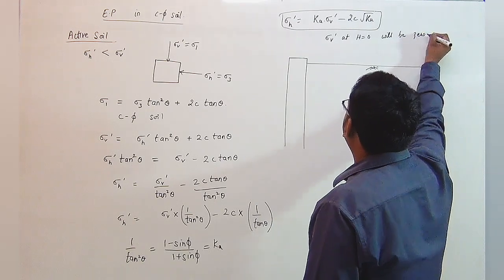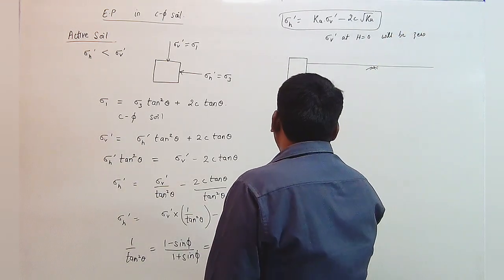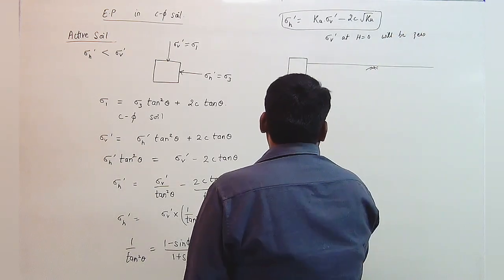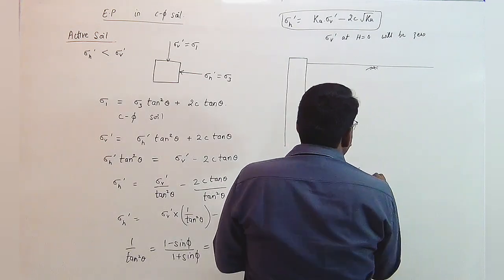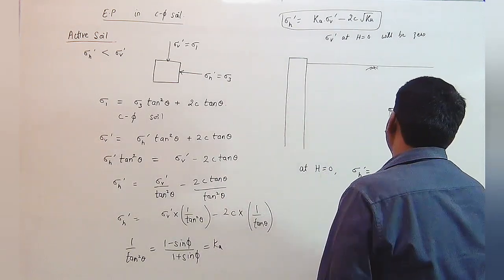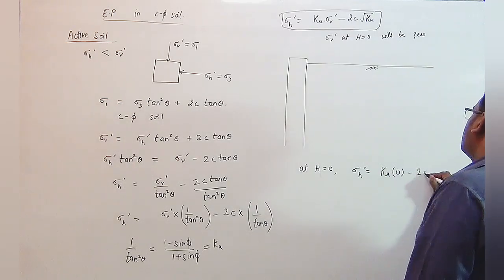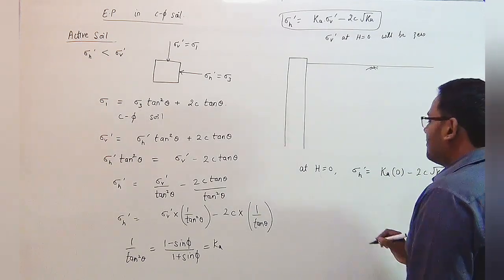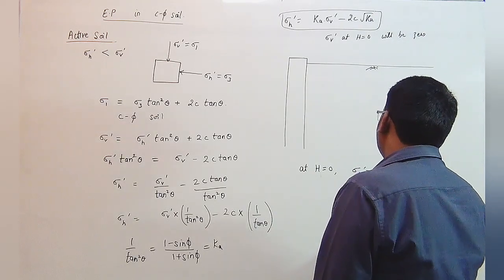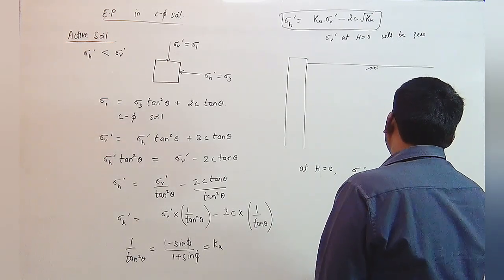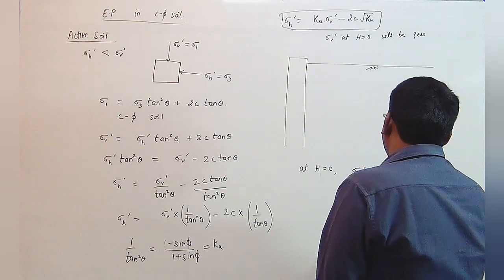And hence at H equals 0, the horizontal stress will be Ka into sigma V dash, which is 0, minus 2c under root of Ka. That means the horizontal stress will be minus 2c under root of Ka.